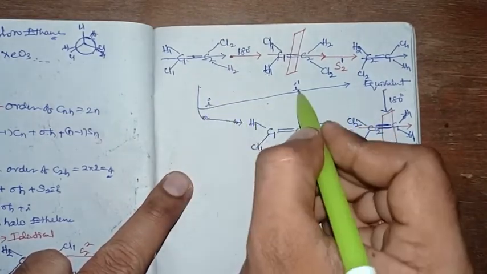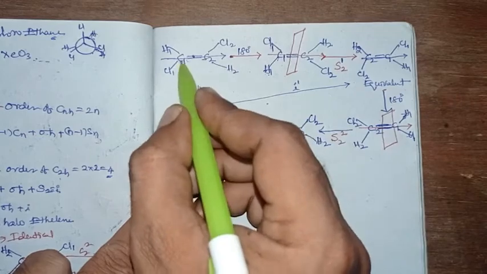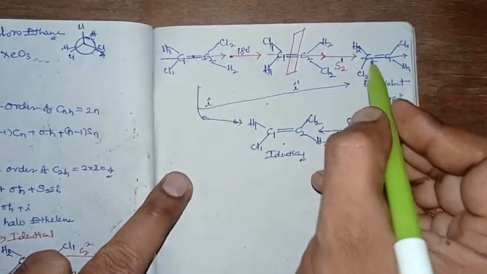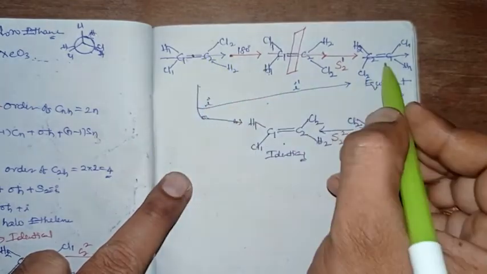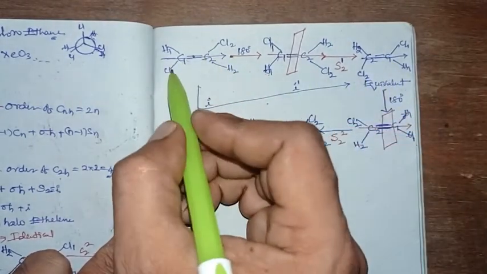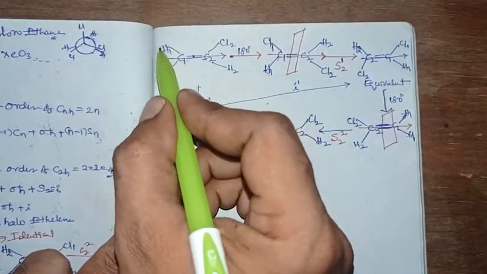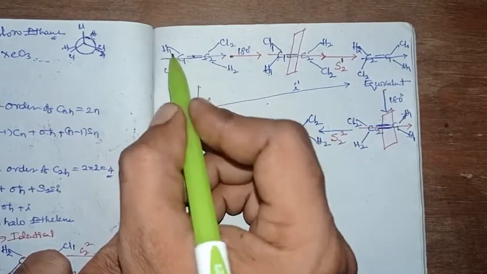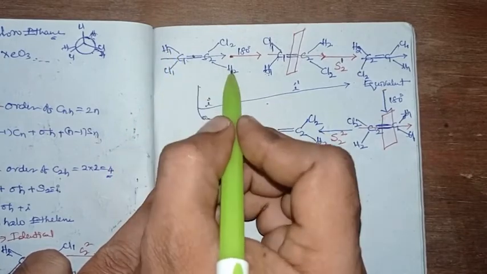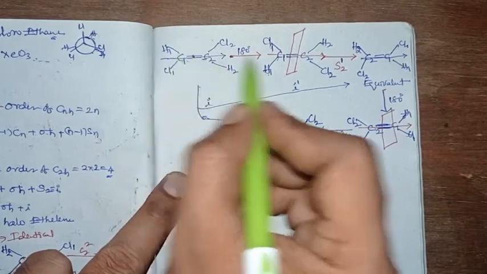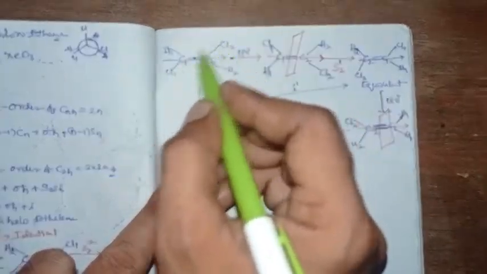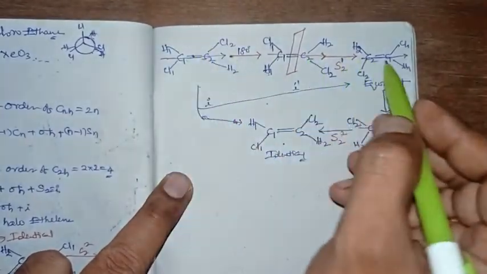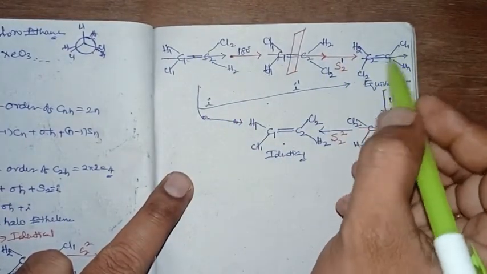Like when we do it the first time, the carbons get exchanged, so carbon 2 will be in the carbon 1 position, carbon 1 will be in the carbon 2 position, right, like this, right? And when we invert the hydrogens, they get exchanged, right? H1 will get the H2 position, H2 will get the H1 position, right, like this, right? And chlorines also get inverted, and they exchange their positions like this, right?